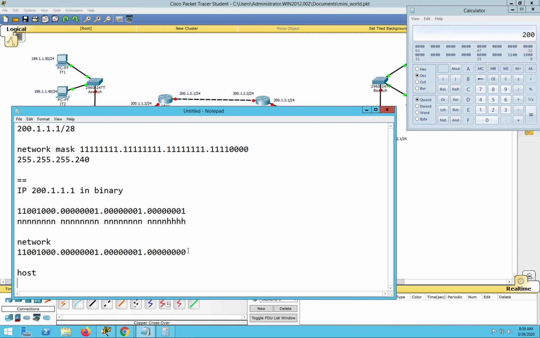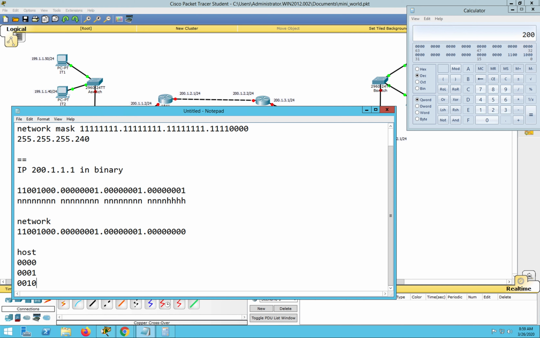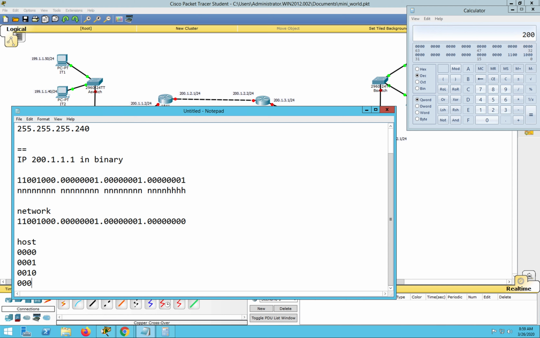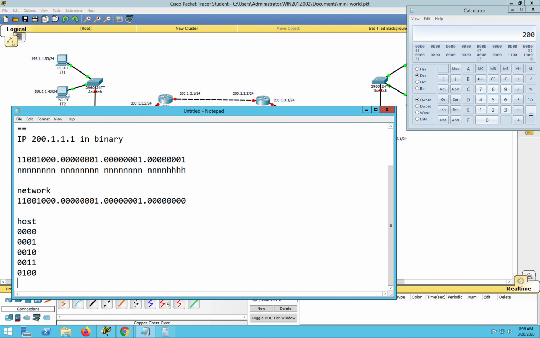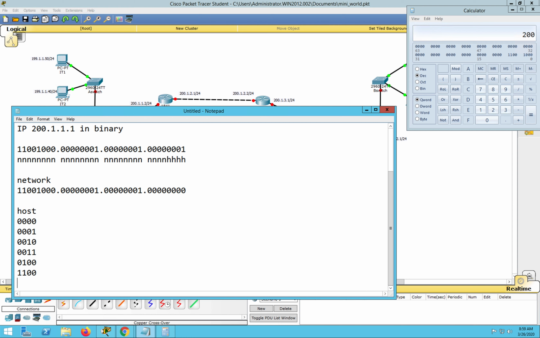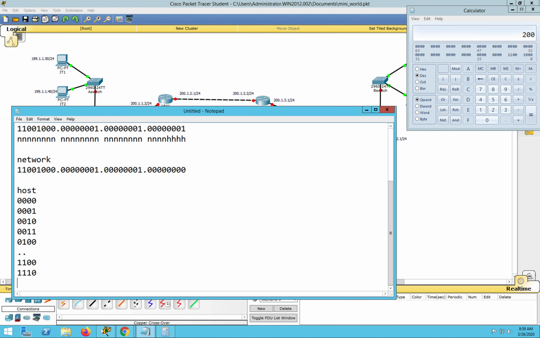Remember, the host now only consists of 4 bits, which means I could have the host number 0000, 0001, 0010, 0011, 0100, etc., all the way up to 1100. I'll leave some dots in here to point out that we've got it. 1110, 1111. So we've got a bunch of possible hosts in here.